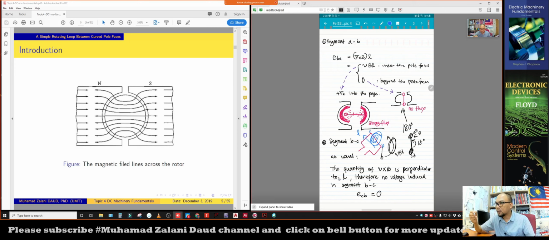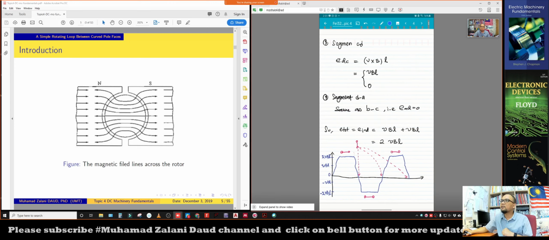That is L. But in this case V cross B is perpendicular to the direction of L, meaning that there will be no voltage induced. So in segment BC, from our experience of calculating the construction of the AC machine as well, when we calculate the segment by segment induced voltage, of course we know that across this BC segment there will be no voltage induced. Similarly for the DC machine, at the BC segment no voltage will be induced.